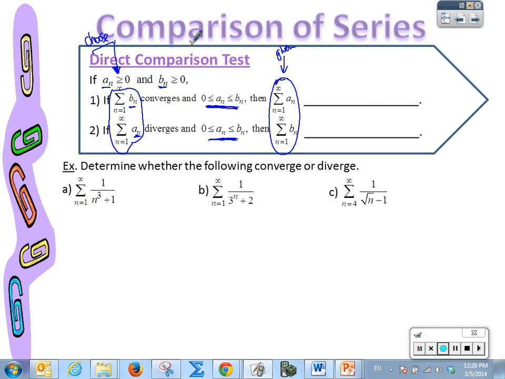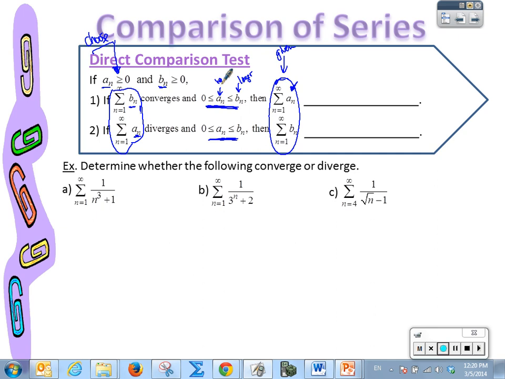So if I choose a series that converges, and I compare it to the one that I have, so here's the one that I have, the one that converges would need to be larger than the one that I have for this test to work.